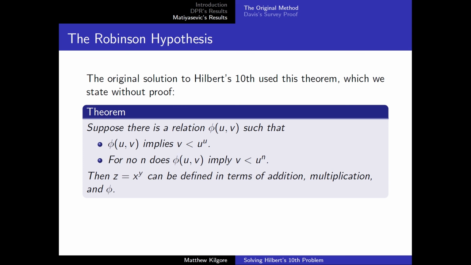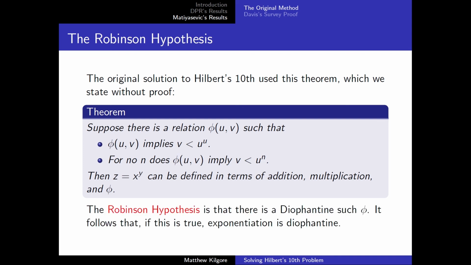So in other words, phi grows at a rate faster than polynomial, and levels in the double exponential. If such a phi exists, then z equals x to the y can be defined in terms of addition, multiplication, and phi. Robinson's hypothesis is that there is a Diophantine such phi.